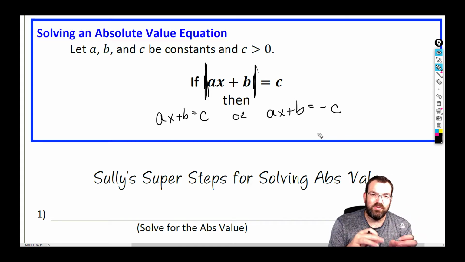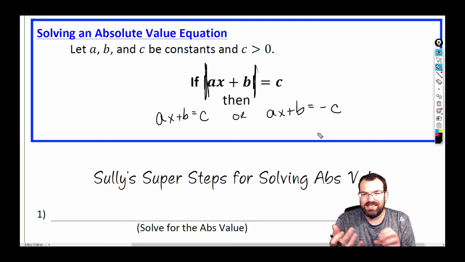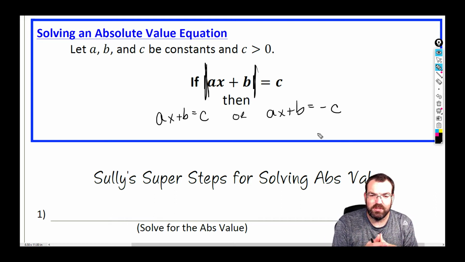Because the number inside could be positive or negative, but when I take the absolute value bars of the inside term, I'm always going to get positive. So I have to account for the negative piece of that expression on the inside of the absolute value bars.